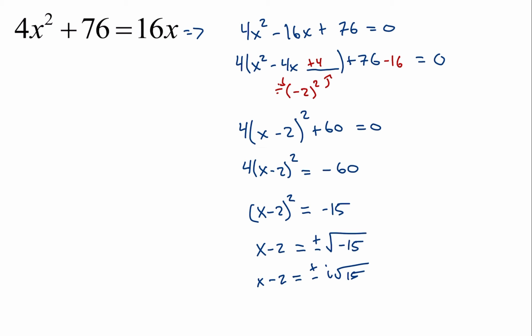So I'll end up with x equals 2 plus or minus i root 15. Now, 2 is a real number, and i root 15 is an imaginary number, so I can't combine those. So my answer would just be as written here, 2 plus or minus i root 15.